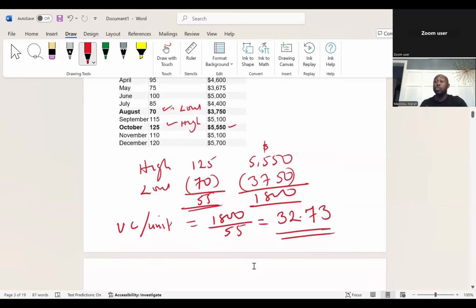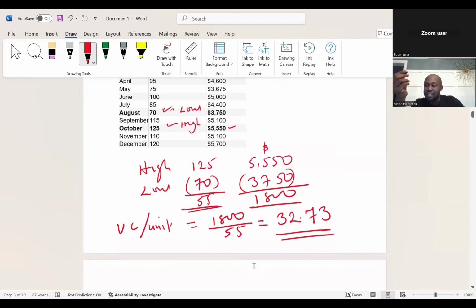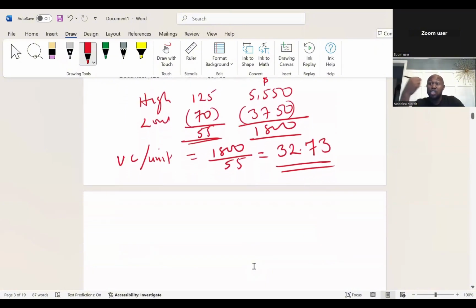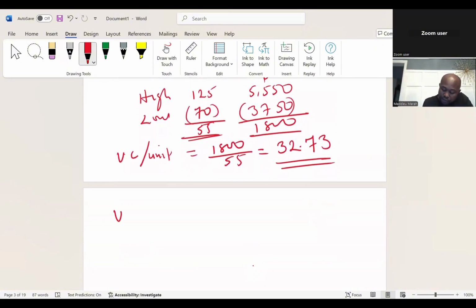Now I need my variable cost in total. My variable cost in value now in total is equal to variable cost per unit multiplied by number of units. So we already have the formula in the first example. I don't need to repeat the formula again. So my variable cost per unit is 32.73 multiplied by, this time I'm going to start with low activity.